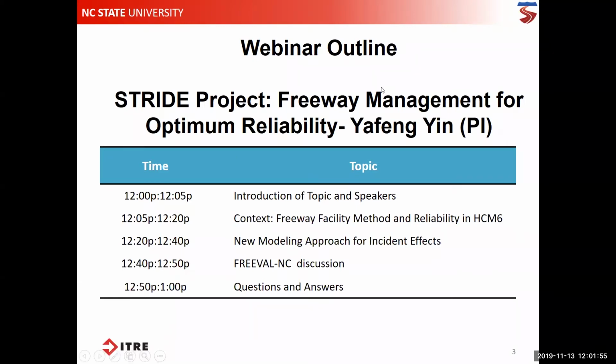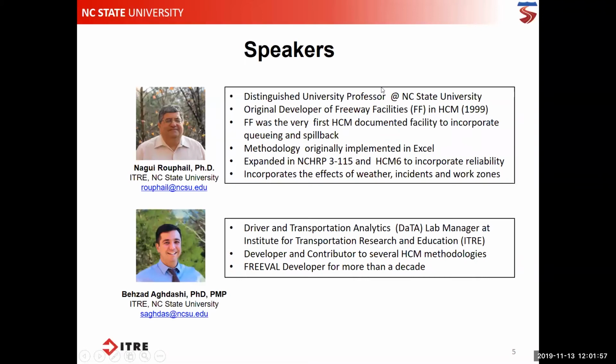So, tell you a little bit about who we are. I'm a professor here at NC State. Believe it or not, the freeway facilities method was developed over 20 years ago. We just celebrated our 20th birthday. It was the first method really that documented the facility and incorporated congestion, queuing, and spillback.